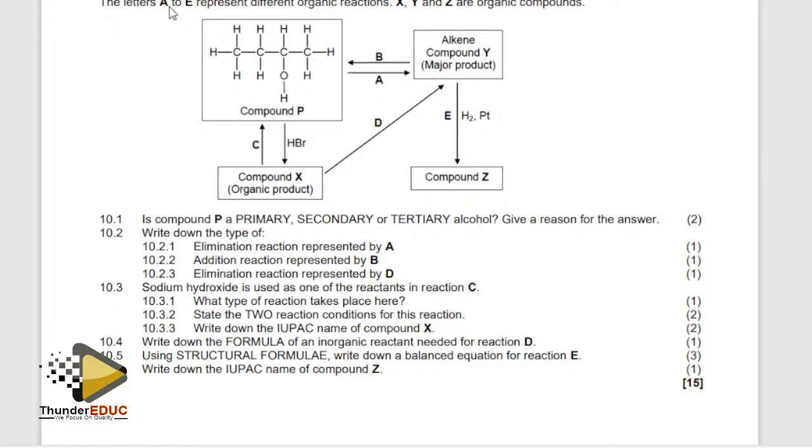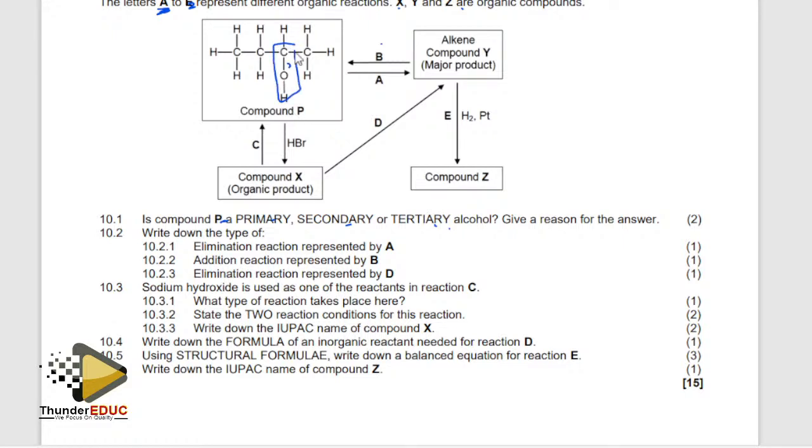They're saying that A to E represent different organic compounds, X, Y, and Z. Is compound P a primary, secondary, or tertiary alcohol? We talked about this. Where is compound P? The carbon atom with the functional group is here.